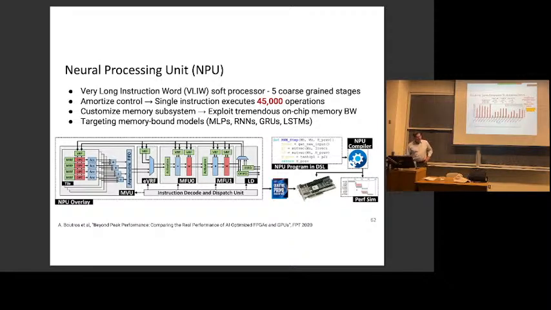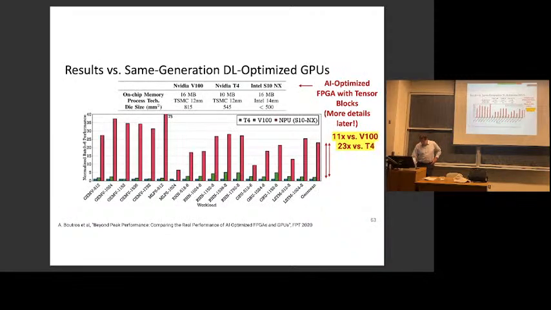Okay, so how well does it work? So this is a comparison. It's again using this AI-optimized Intel FPGA, the one that has a whole bunch of 8-bit multiplications in it. And we would like to compare things in the same process generation with around the same die size. So basically this V100 GPU is about the same process generation as the FPGA, and it's actually got a bigger die size.